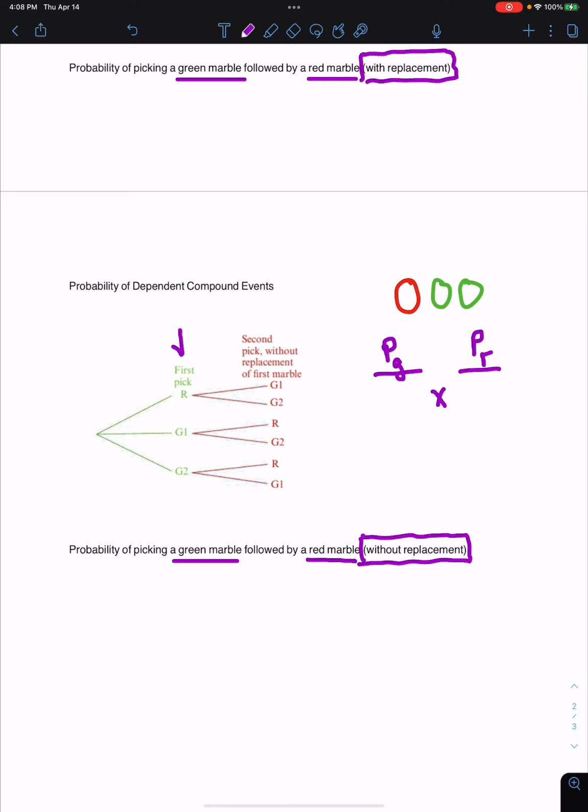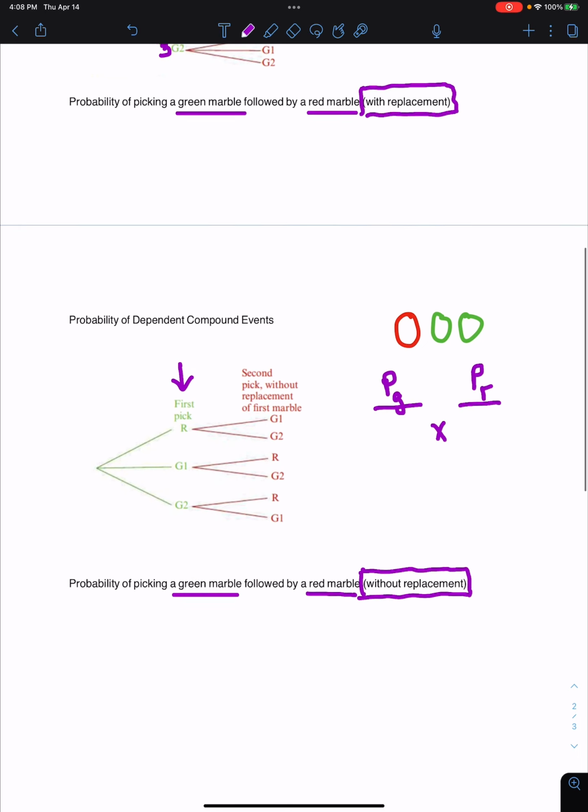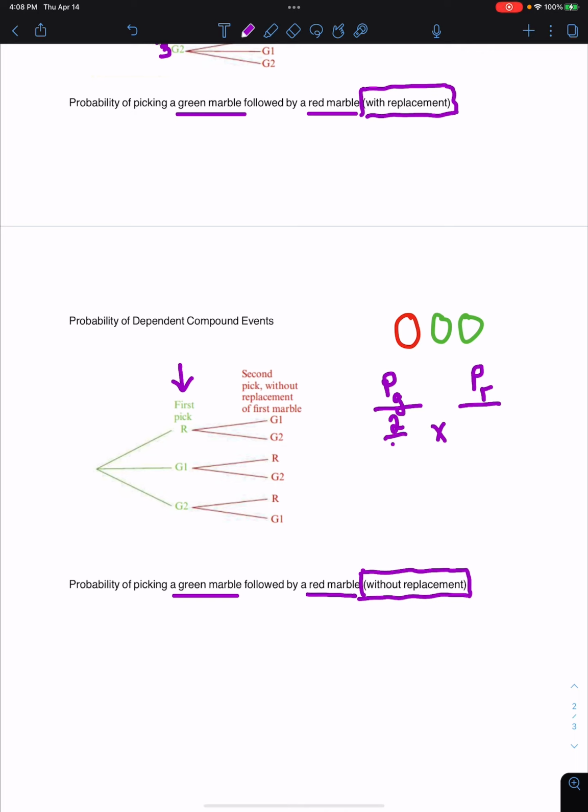So our first pick, again, very similar to our independent compound events. We have a 2 out of 3 chance of picking a green marble, right? Because we have 2 green marbles and then a red marble in our first pick.